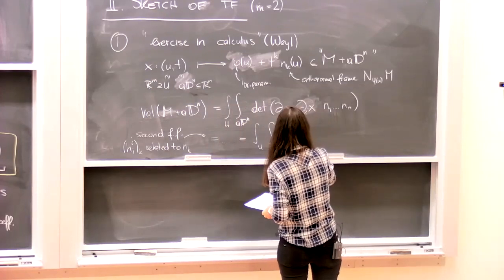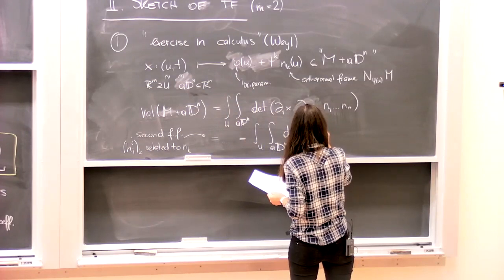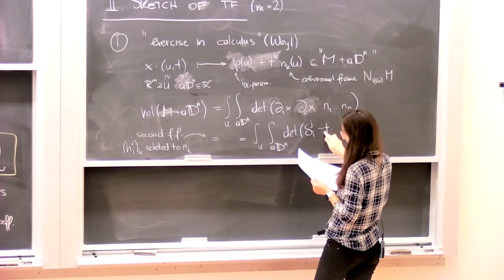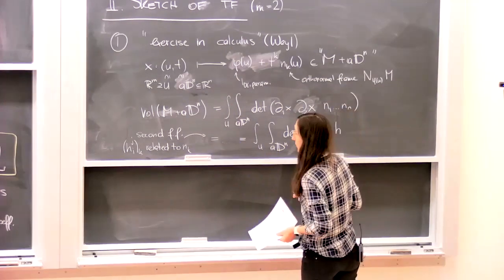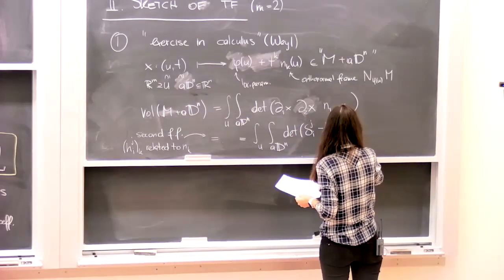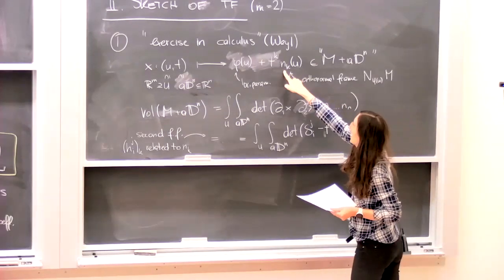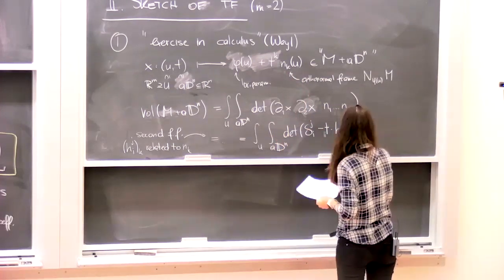A determinant of the identity, basically, delta_ji minus t, and t is now a vector in Rn, so inner product with the components of this second fundamental form. So the k-th component of the vector goes in the k-th normal direction and k-th second fundamental form, so that all works out.